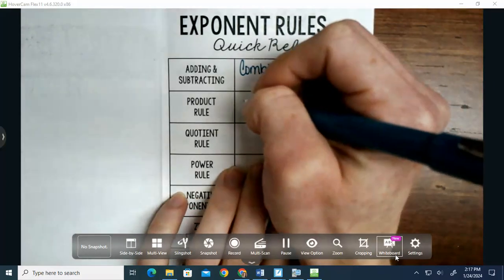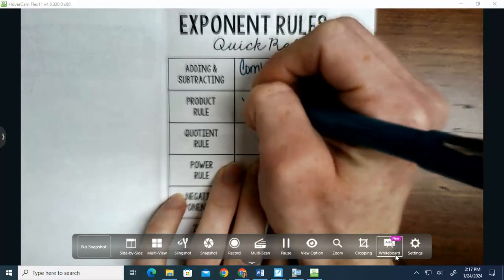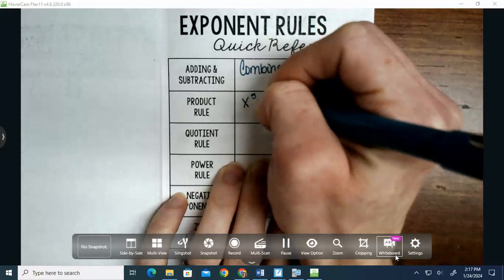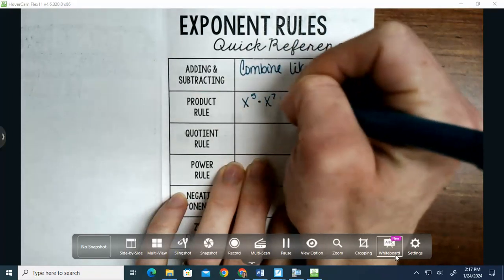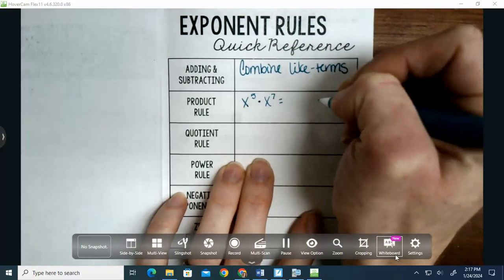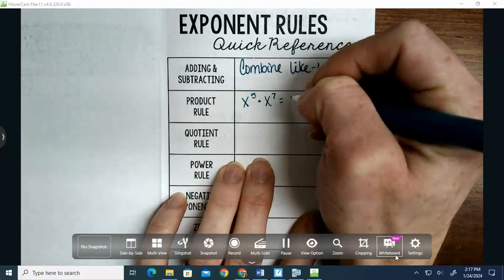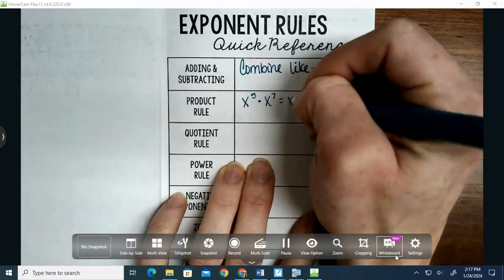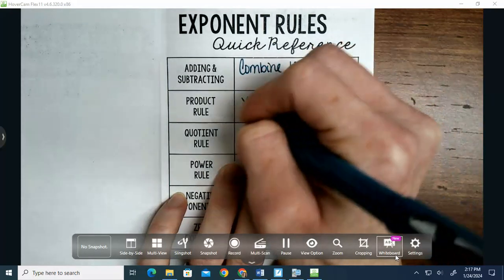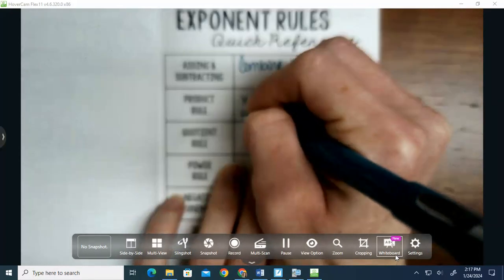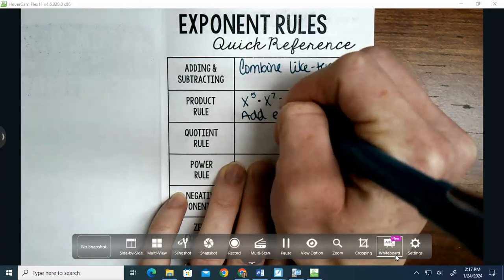So, for instance, if I said x to the 5th power times x to the 7th power, what does that equal? So in this case, we add the exponents.